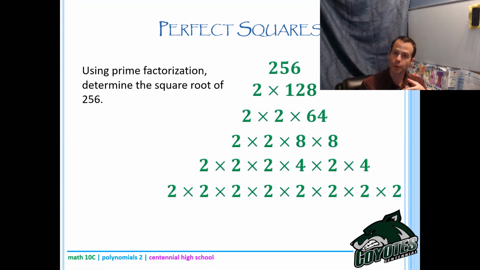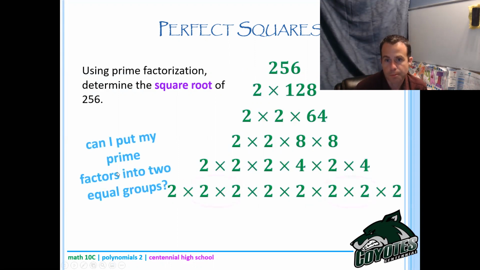I want to see, number one, you know how to prime factorize. Number two, I want to see you know how to take these numbers and show me how to use them to get the square root. So remember that a square root would be a number times itself. So essentially what you want to do is you want to take all of these factors and you want to organize them into 2 equal groups. Now, do we have the ability to do that?